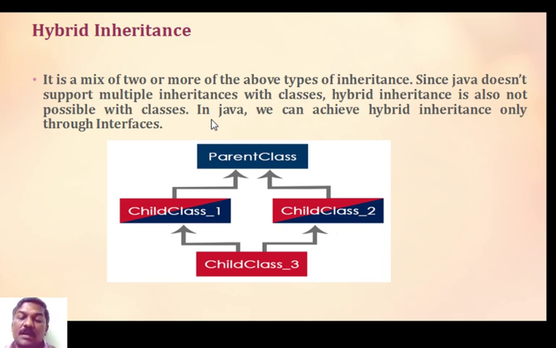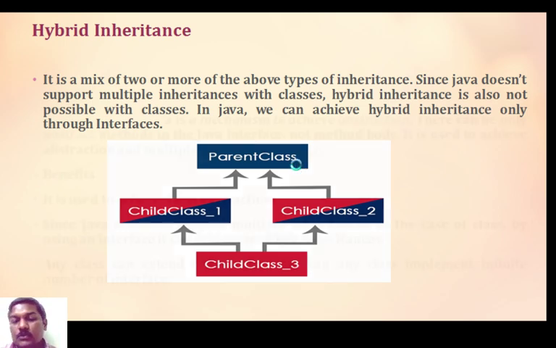Just look at the concept diagram. A parent class is inherited in two classes called Child Class 1 and Child Class 2, and these two child classes are the base classes of Child Class 3. This is the concept of hybrid inheritance. So multiple inheritance is not supported, and similarly hybrid inheritance is also not supported in Java.